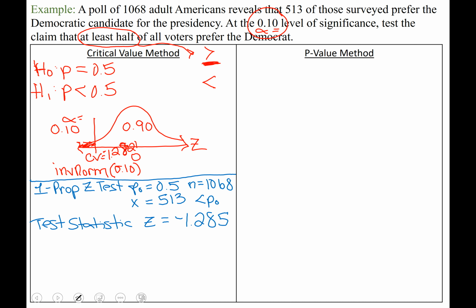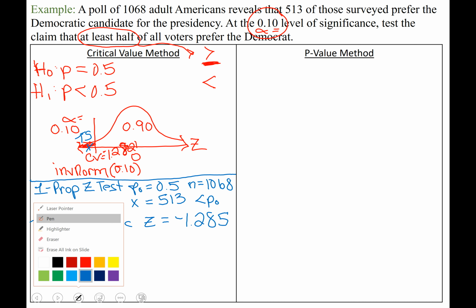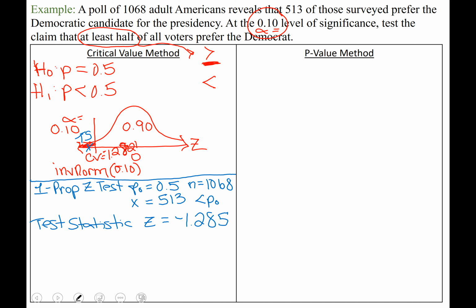We're going to put that on the graph, and it's a little further toward negative infinity than the critical value. It's right about here. And I'm going to write a TS for test statistic. All right, I'm going to put my highlighter on because I want to make sure you guys understand that this method, this critical value method, is the comparison of TS and CV.